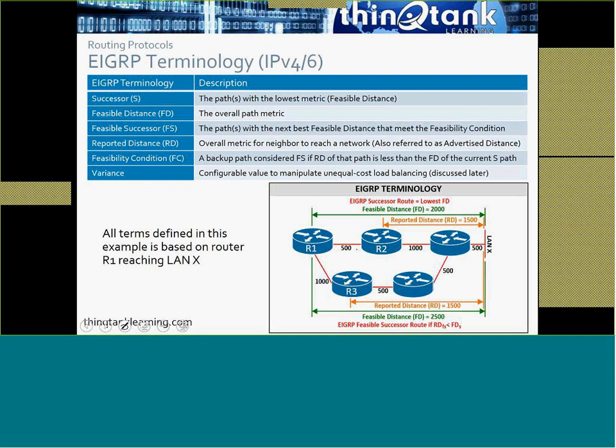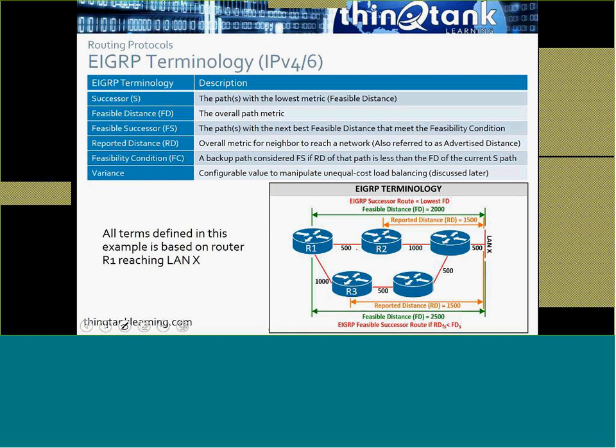Remember, in EIGRP, whenever anything changes about any path, we always reevaluate these numbers. So what might have been a successor at one point, even though the neighbor is still the same, the next hop is still the same, if the metric changes, all of a sudden that path might not be the successor because it might have a worse metric than another path in my topology.